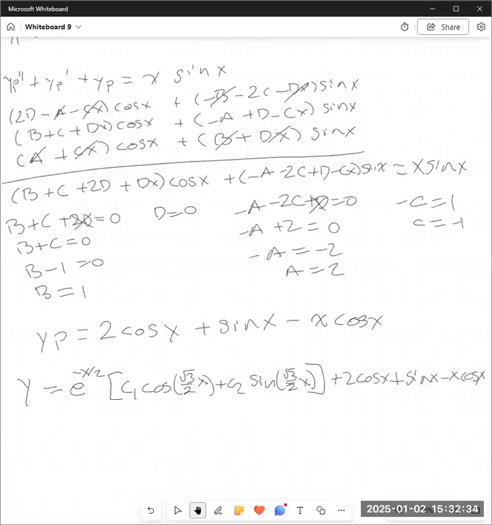That's going to be the technique that we're going to use most often in the situations where the g of x on the right-hand side contains those other things that we couldn't use this method on, like tangents and secants and cotangents and cosecants and ln's and other things like that, where we couldn't use these differential operators to eliminate them. So see you for the next video.